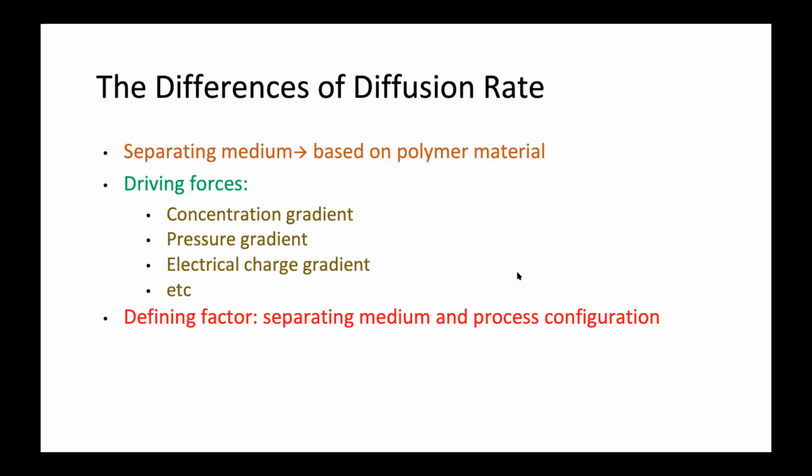For a membrane, usually the separation medium is based on a polymer material. It looks like a plastic or a polymer, but when you see it in a micrograph, at a very small scale, like nanometers or microns, you can see holes in it, and those holes allow the gas to escape.